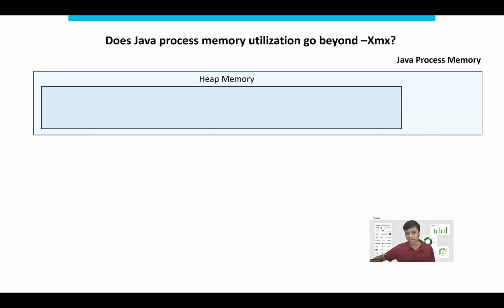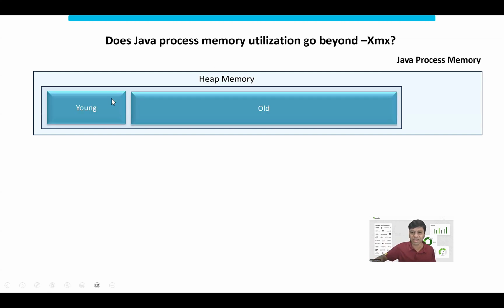Friends, the Java process memory has one primary compartment called heap memory. This heap memory has two regions: young generation and old generation. As developers, we write code. We create customer objects, account objects, array lists, hash maps.